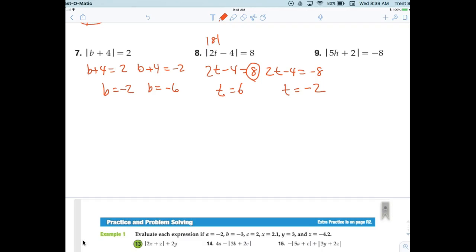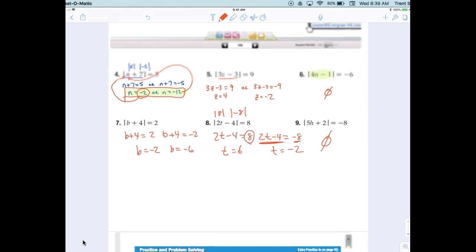You agree with that or not? What's the absolute value of negative 8? So what's inside can equal negative 8. Right? That's why there are 2 solutions. There are 2 possibilities. And of course, number 9 we would say is no solution.